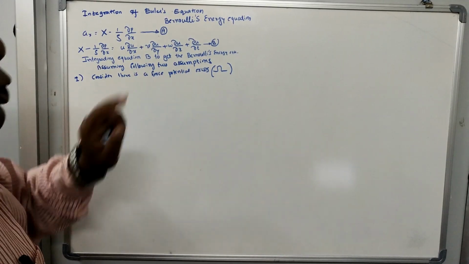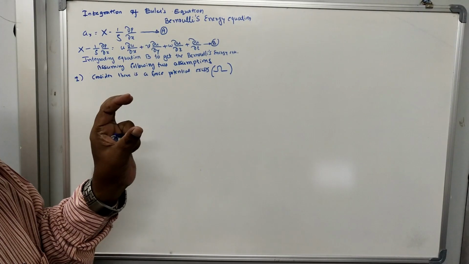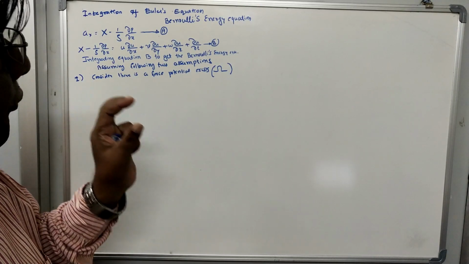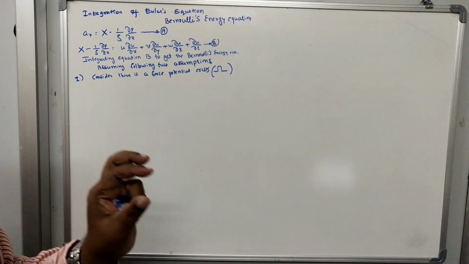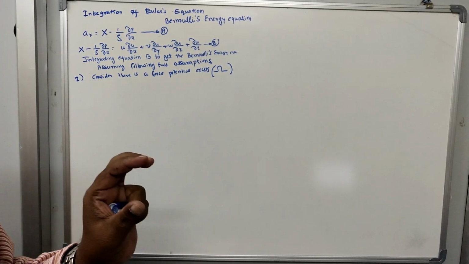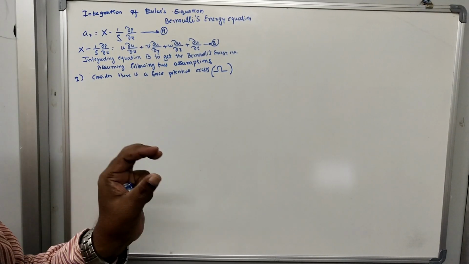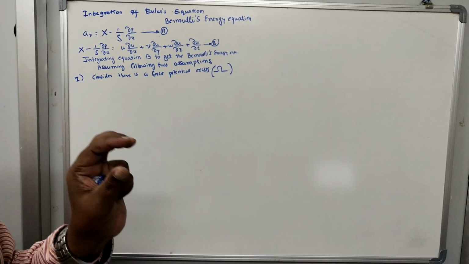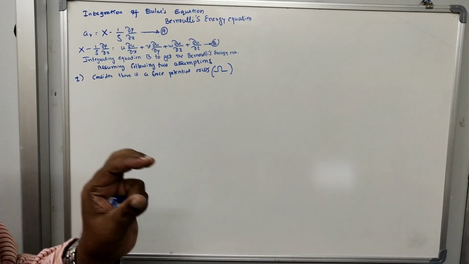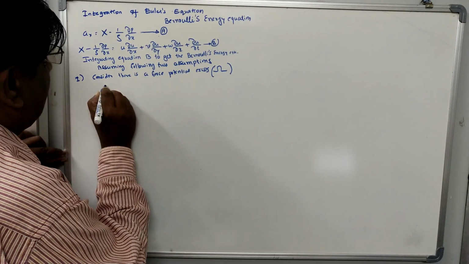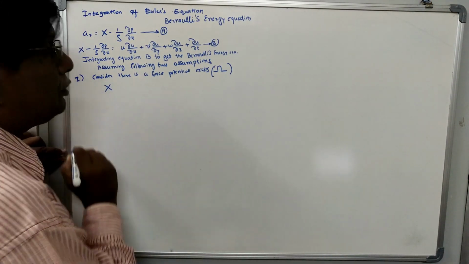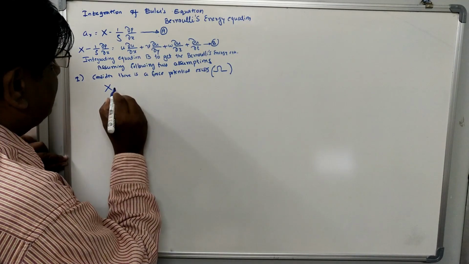Then what is the force potential? Force potential is defined as its negative derivative with respect to any direction gives you the body force per unit mass in that direction. For example, let us say X is the body force per unit mass in x direction.